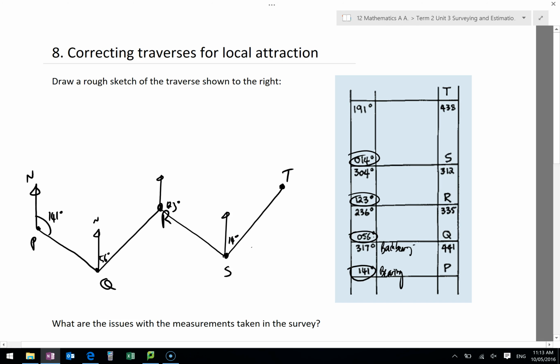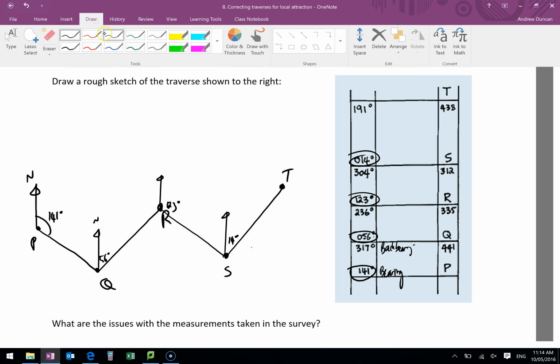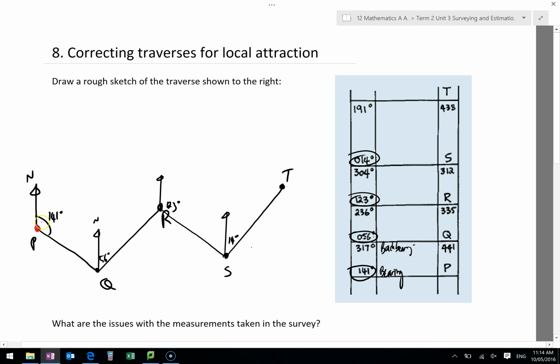What actually happens when they're making this traverse is that the person will start at P and get their compass out and see what direction it is to Q. They'll write that here and walk in that direction.